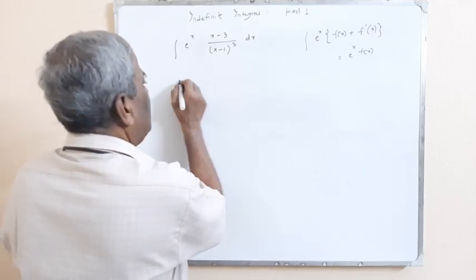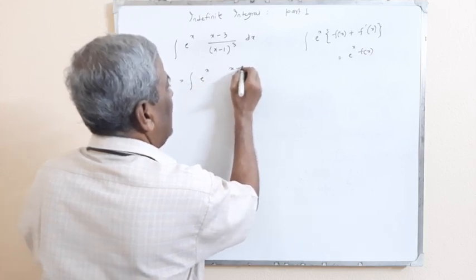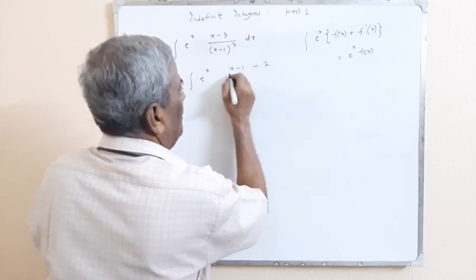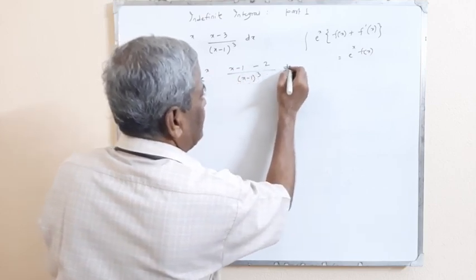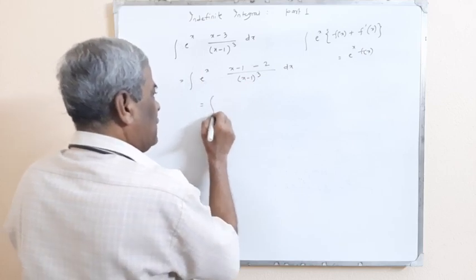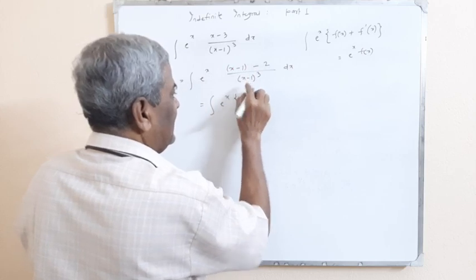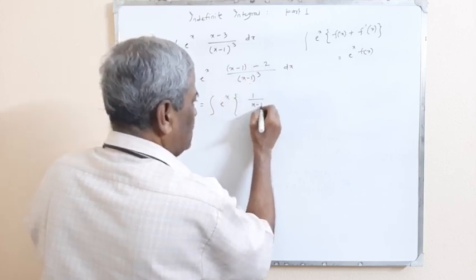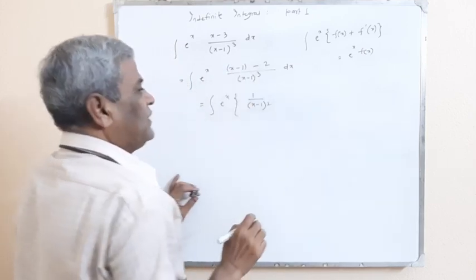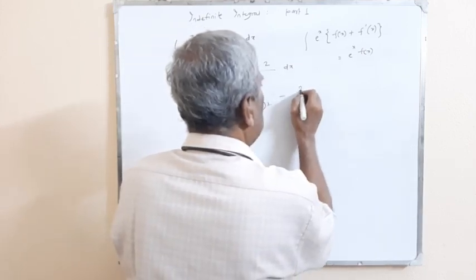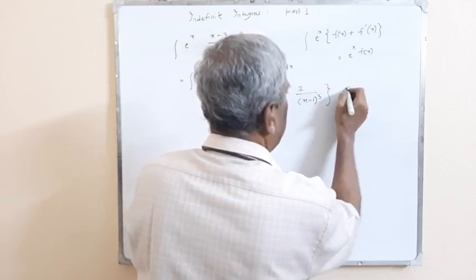For that purpose, I can write it, you see, (x minus 1 minus 2) by (x minus 1) whole cube dx. So that it is equal to e to the power x, now this by that, 1 by (x minus 1) whole square, this by that, x minus 1 cancels, minus 2 by (x minus 1) whole cube into dx.